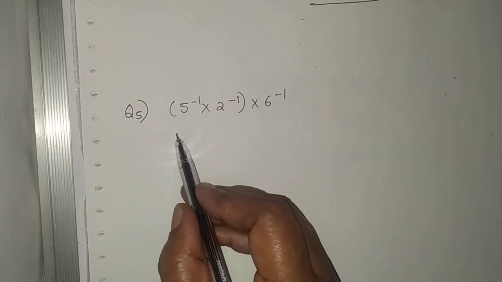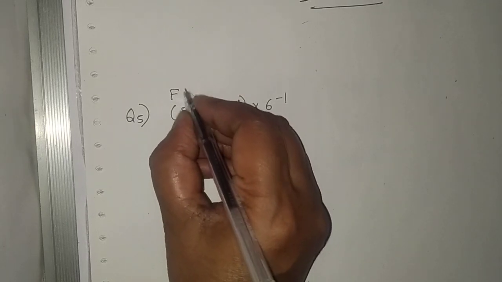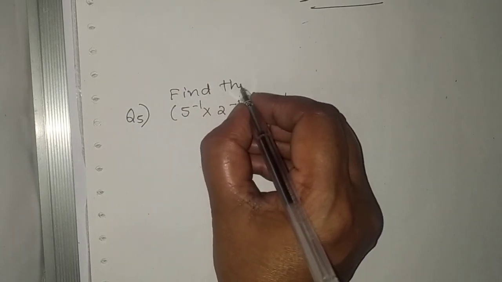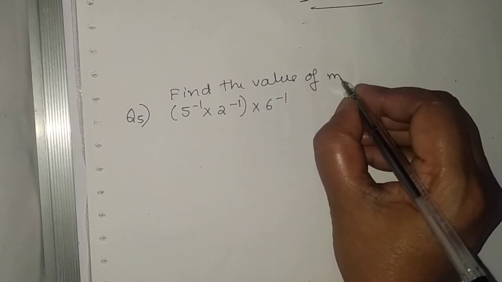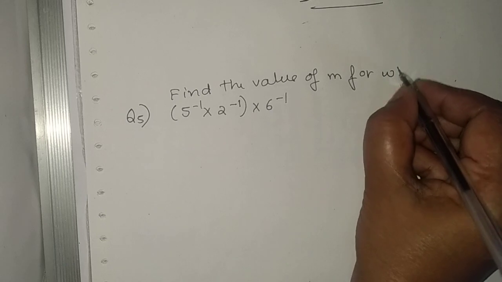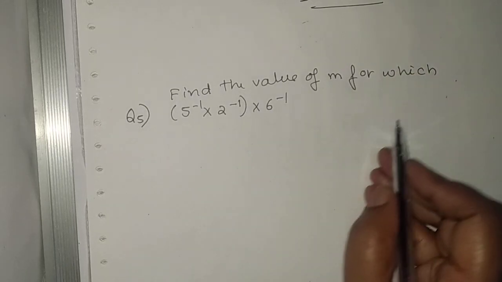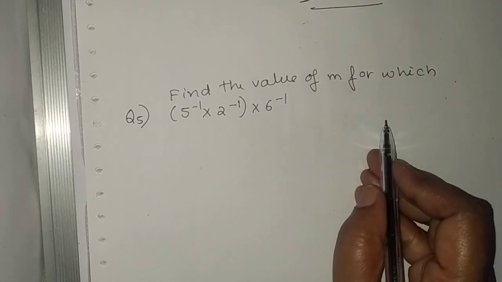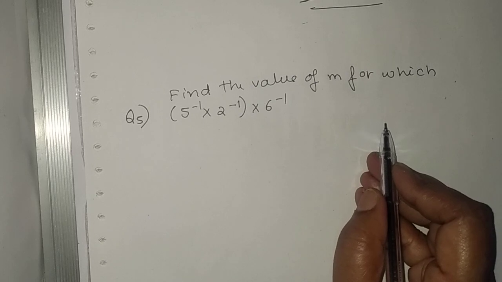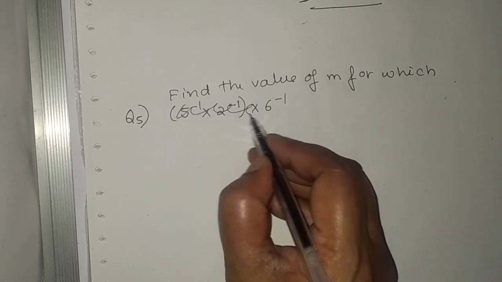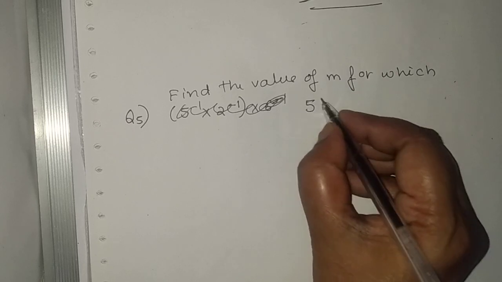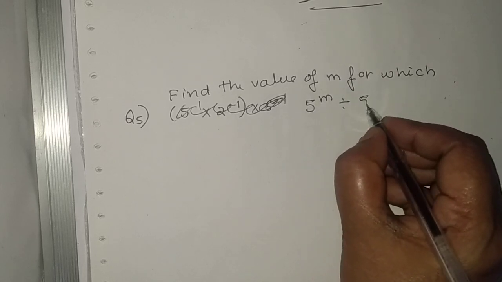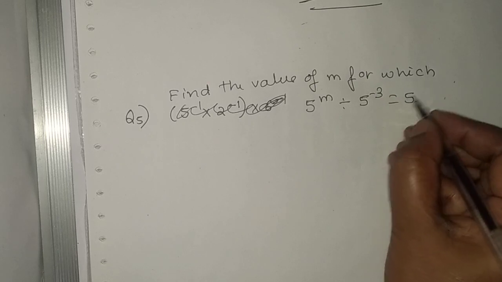We move on to the sixth. Here, find the value of m. The question is: find the value of m for which 5 power m divided by 5 power minus 3 is equal to 5 to the power of 5.